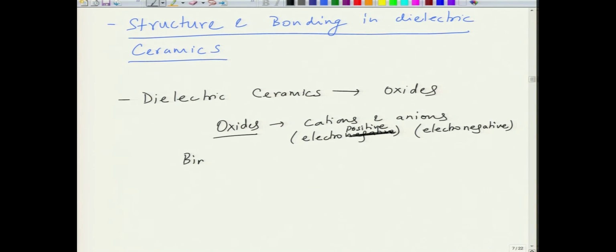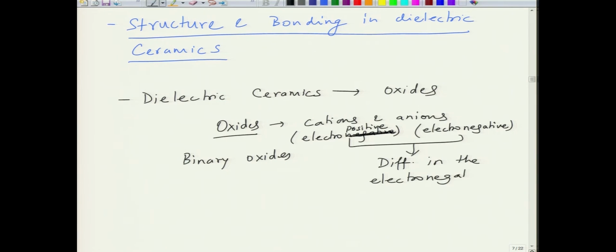So, you can have binary oxides. Basically, the difference in the electronegativities of two types of elements drives the type of bonding that you will have.